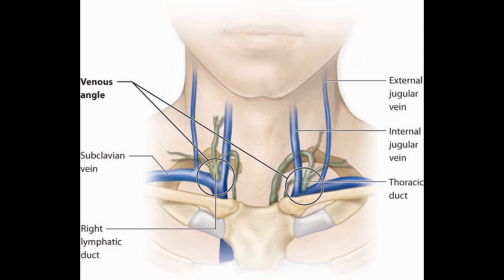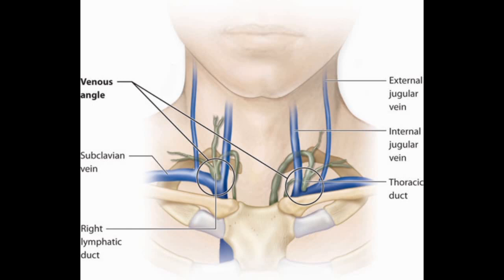Before we start, I'd like to show you this picture where you can see the venous angles. They are circled. A venous angle is between the internal jugular vein and the subclavian vein, and the lymphatic system drains into the venous angle.